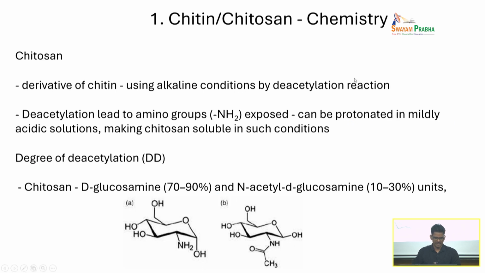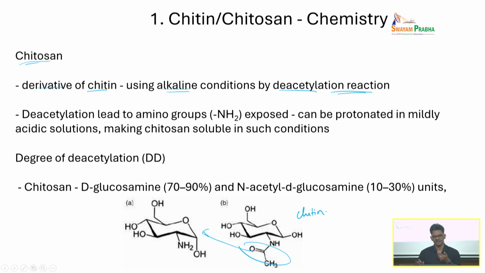Now if you come to chitosan, as I said before, it is basically a derivative of chitin. What we do is take chitin and treat it with alkaline conditions so that you can remove the acetyl groups, basically do the deacetylation, and that goes from here to here. So this is chitin.